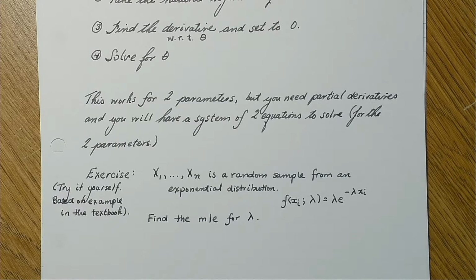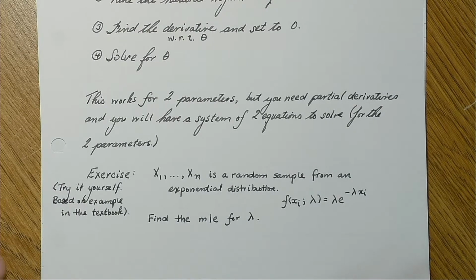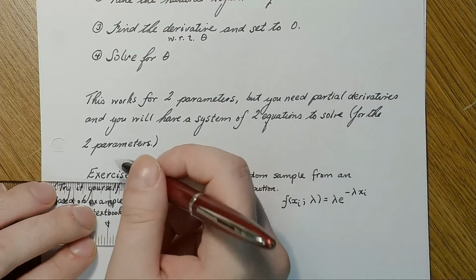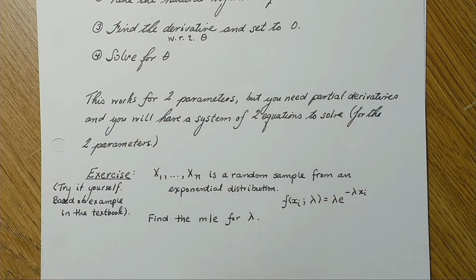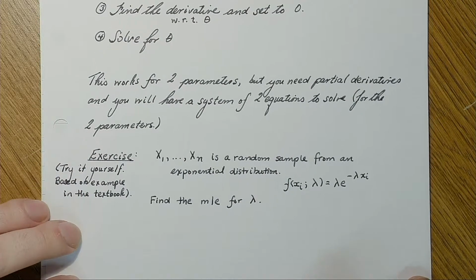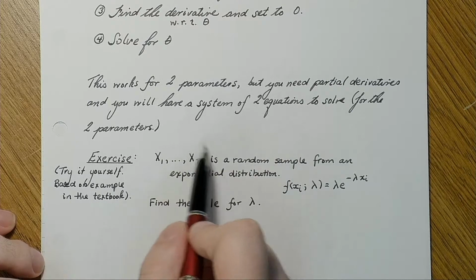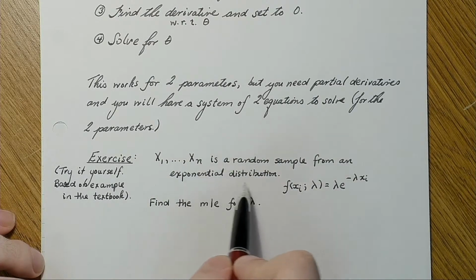Welcome back. No, I was just writing out an exercise. So what I was just saying is here's an exercise where I have, just to try it for yourself, for one parameter, just in case you want a question to do after this lecture immediately. I was just saying that we have a random sample x1 all the way to xn. It's from the exponential distribution.